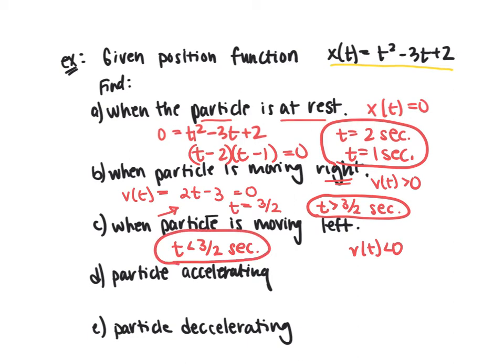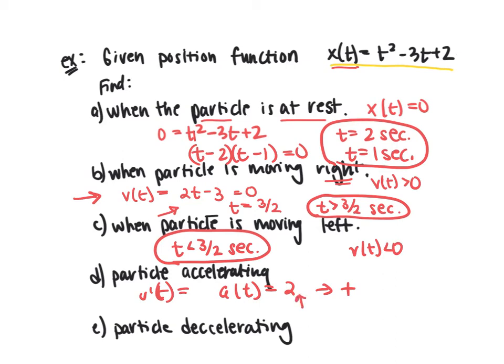And now we're looking at acceleration. Acceleration is the second derivative of the position function, or the first derivative of the velocity. So it's definitely going to be easier to find the derivative of the velocity. And this right here is going to be my a of t, and that is equal to 2. This is a positive value, so the particle is always accelerating.